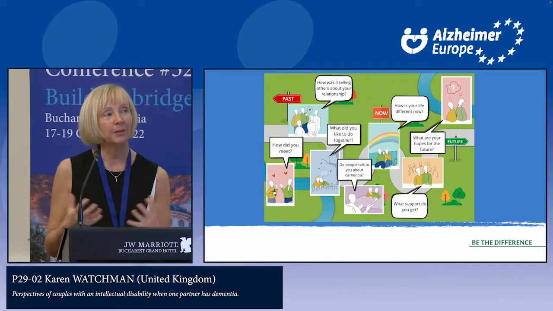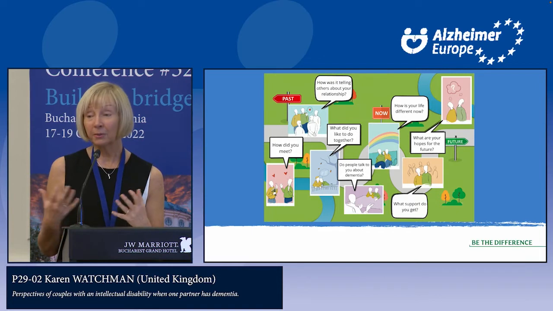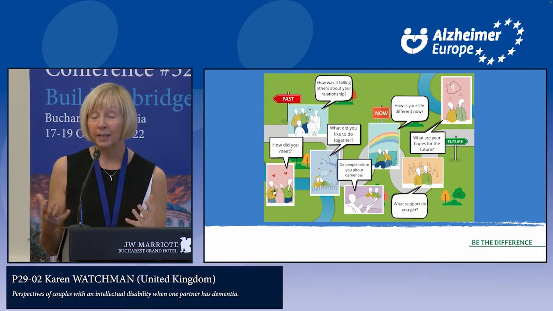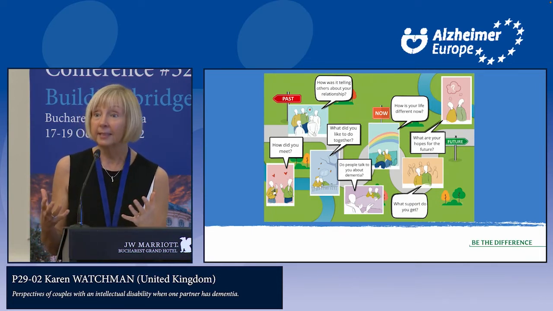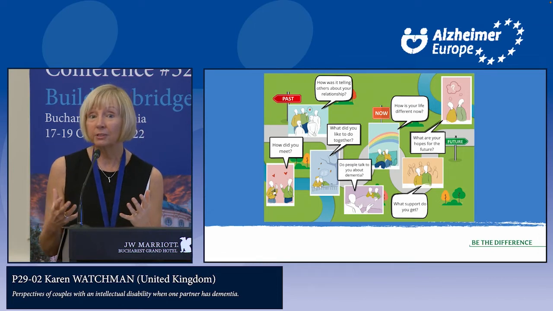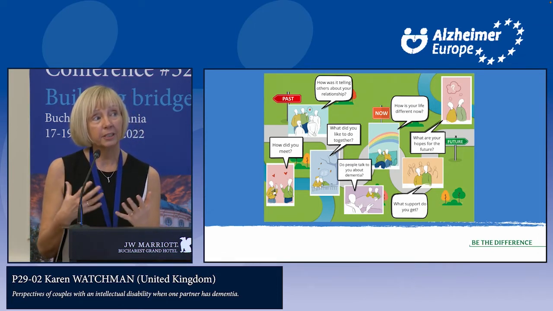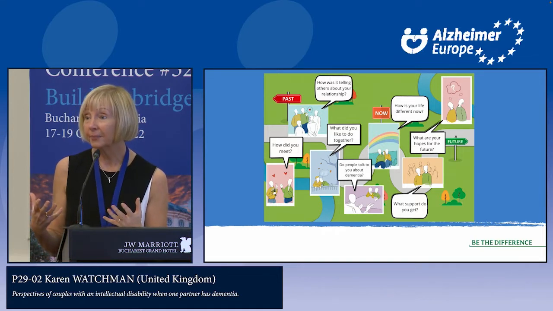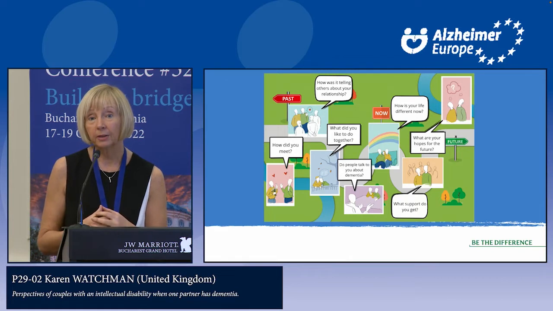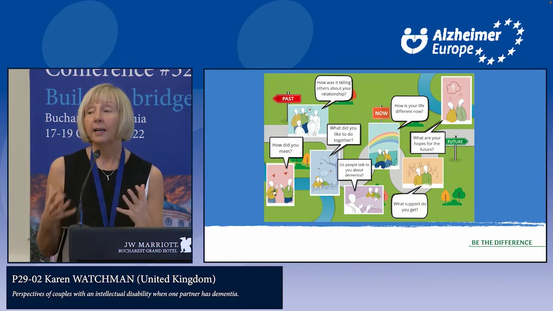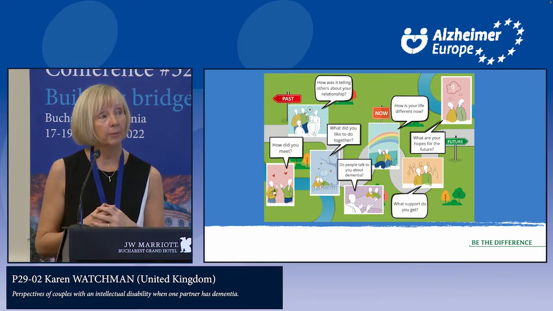So very much how people met, how it was telling others about the relationship. Even that posed barriers for some couples initially; there was resistance to them having a relationship. This is obviously very much in a UK context, where it's more common that people are in relationships or marriages. I appreciate it's not always the same in all parts of Europe.